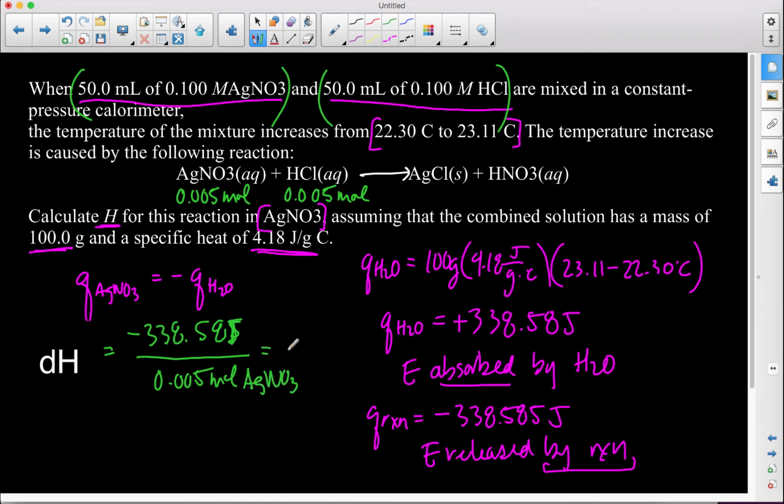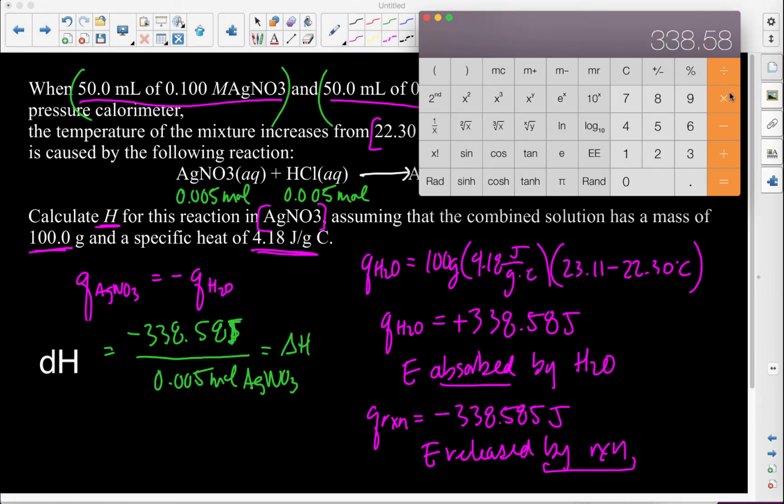And this is also equal to the delta H of this process as it's tied to AgNO3. So if we go back and take this number and divide it by 0.005, we end up with that number, and remember, our units are important, right? So we know it's 677.